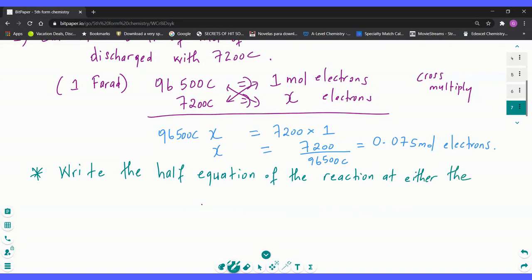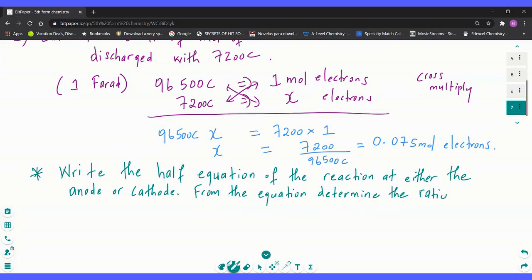Sometimes you're going to be interested in the anode, sometimes in the cathode. The reason you need to do this part is that you need to know how much of your substance you can get based on the electrons that you have discharged. So from the equation, determine the ratio between the electrons and your product.